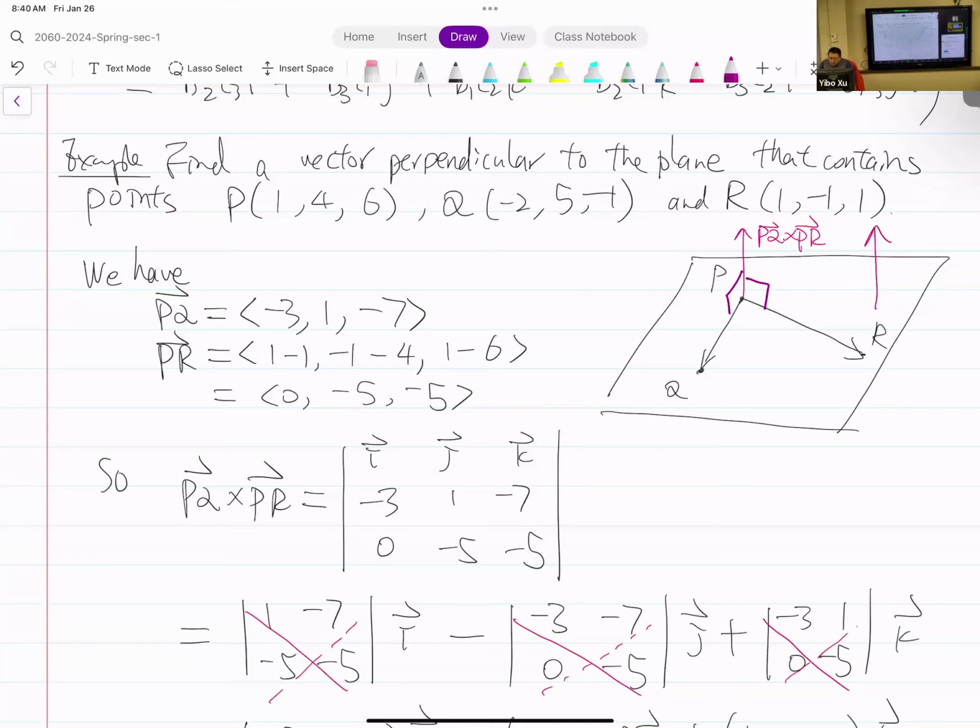So now I'll give a claim: whatever vector within the plane starting from the point P can be expressed as a linear combination of PQ and PR. So for a two-dimensional plane, you can use any two non-zero, non-parallel vectors within that plane as a coordinate system to express any point on that plane.